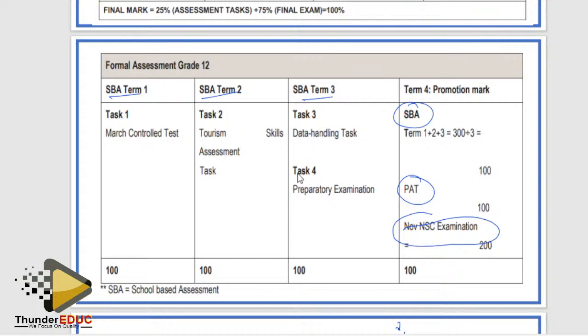You can talk about CAT, you can talk about tourism, and I think even agricultural management, those papers which have PET. All right, with this one, the SBA is not converted the same way we are converting it.